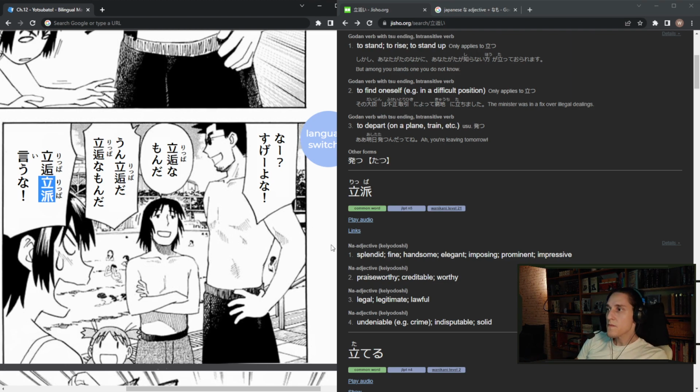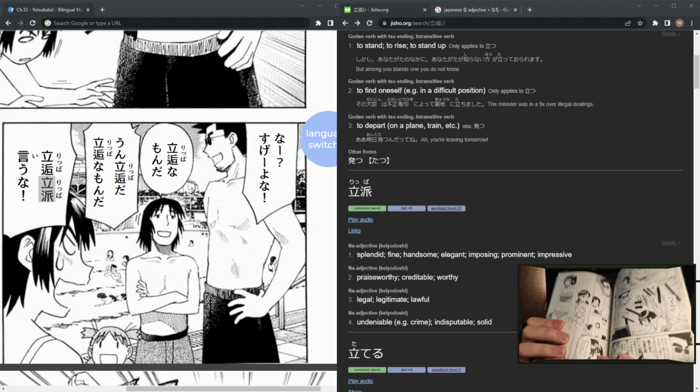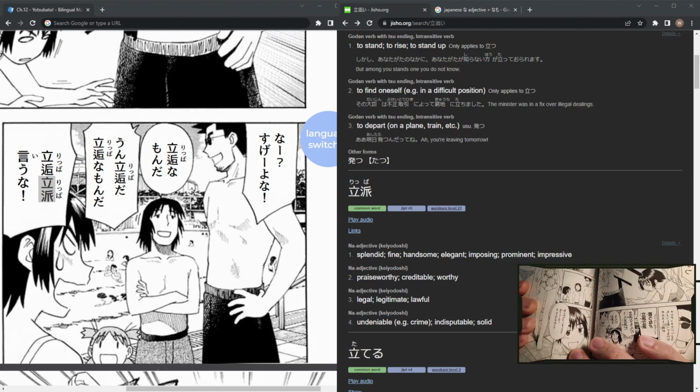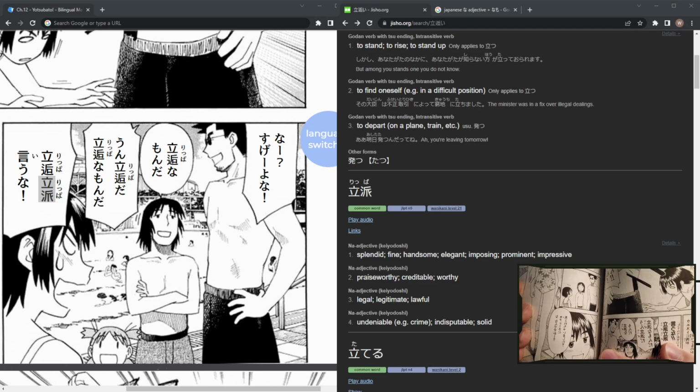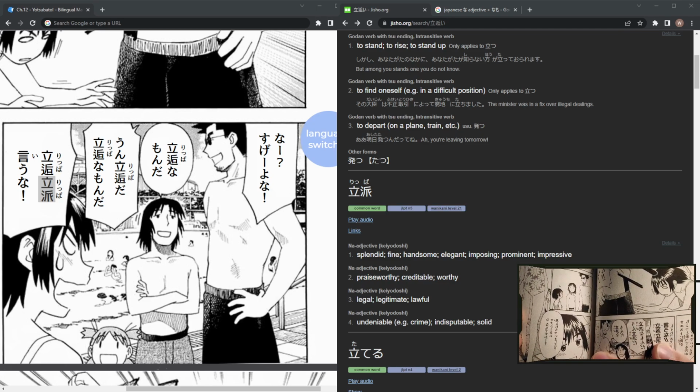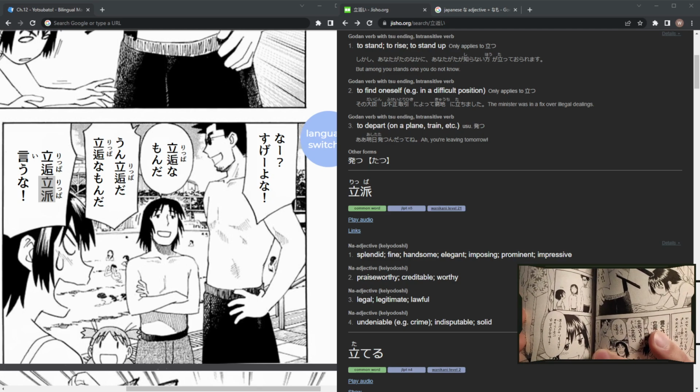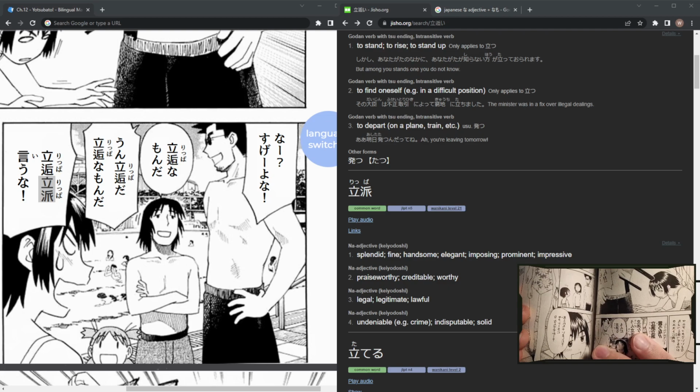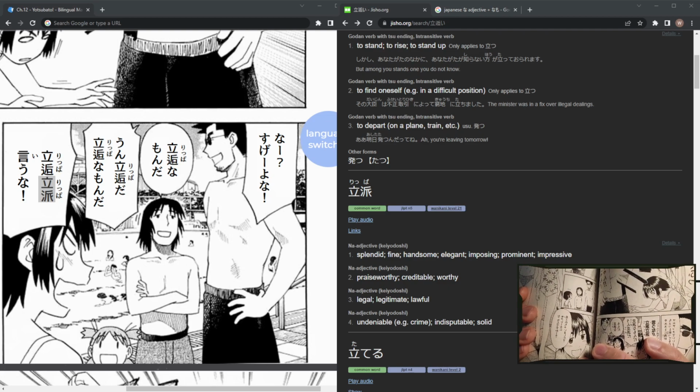I need to see the camera. So in the comics, there's always this second kanji that is highlighted in the digital version. So this is a transcript mistake.